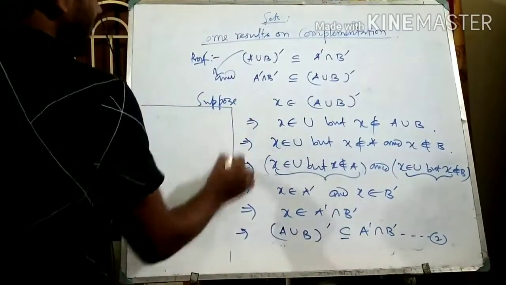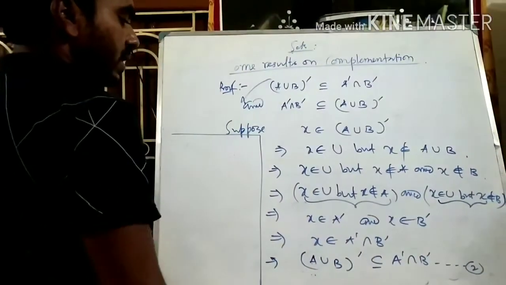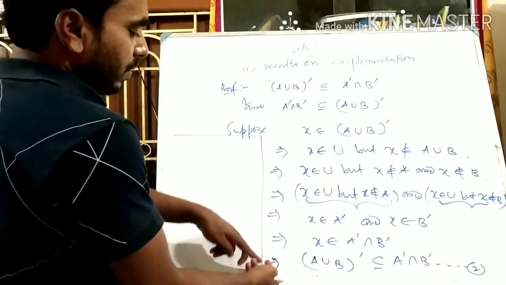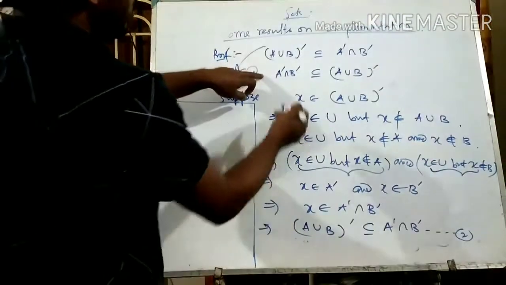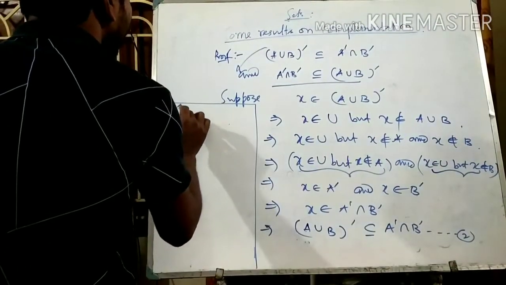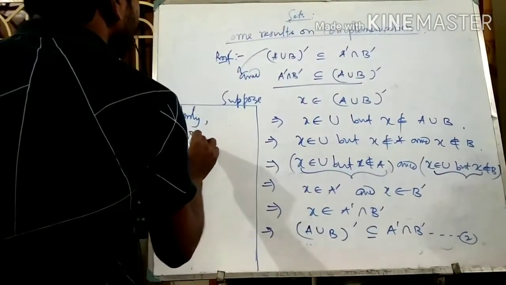In a similar manner we can show this, meaning we can go back from downward to upward and we get this one. So similarly A dash intersection B dash is a subset of A union B dash.